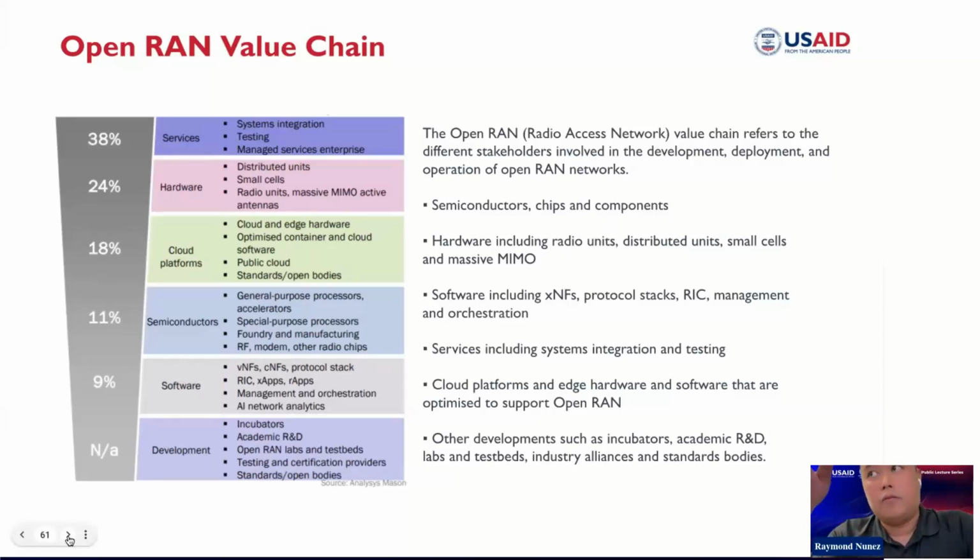And for that, we'll know and determine for ourselves how Open RAN would proliferate in the near future, and how it would penetrate various telecom operators for future-proofing our communications.